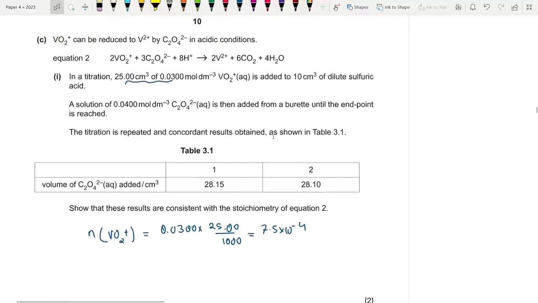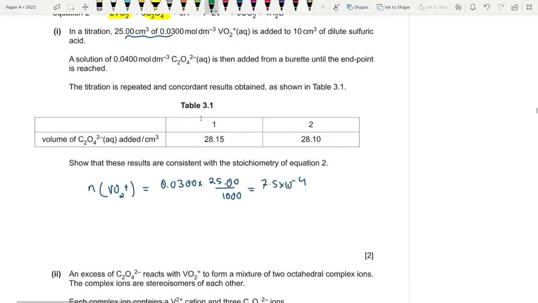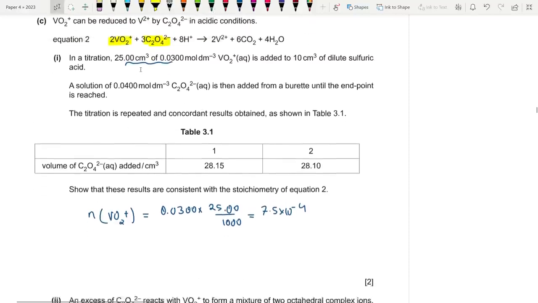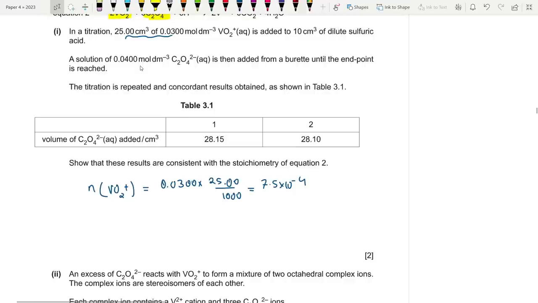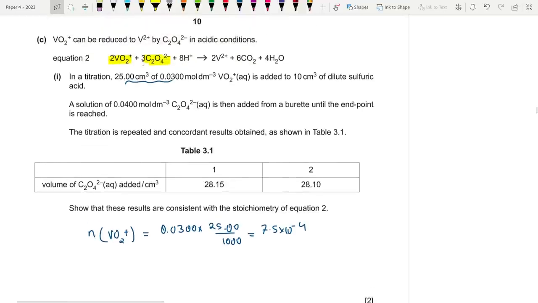Now, according to the molar ratio, ethanedioate should have 1.5 times the number of moles. That's one way of doing it.